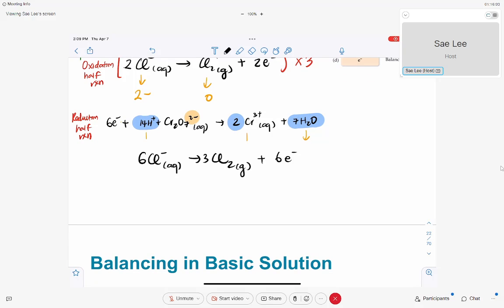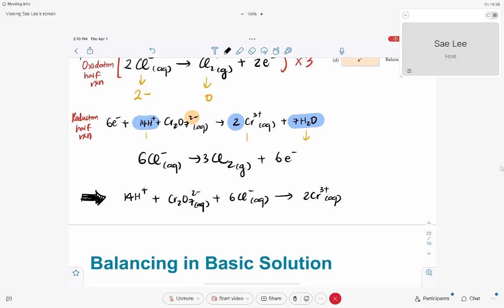If we add all the reactants on the reactant side and all the products on the product side, we get 14 protons, and we have something that looks like this.